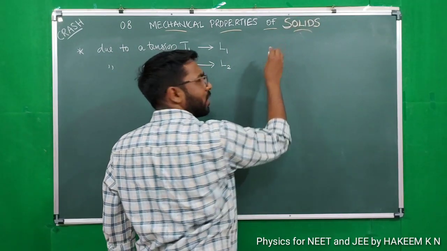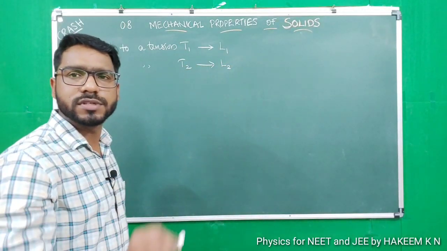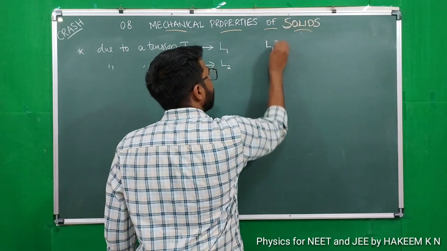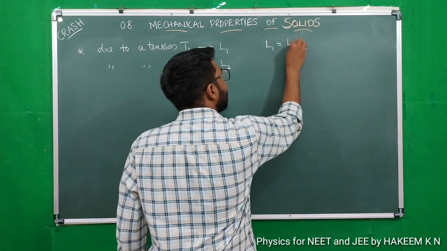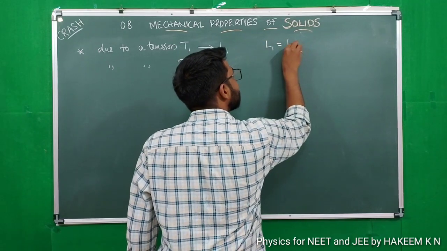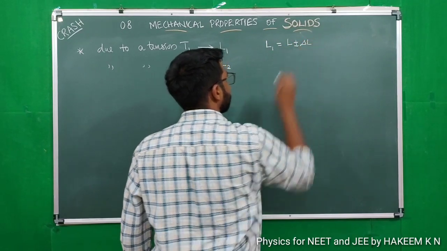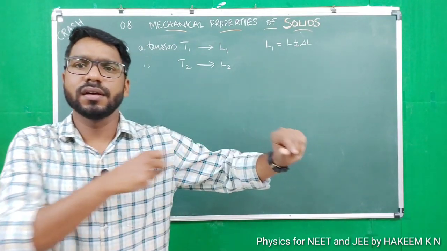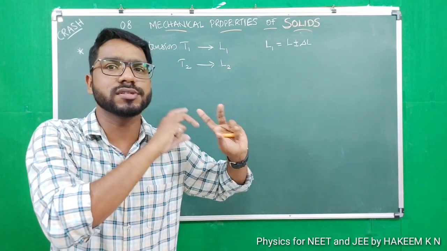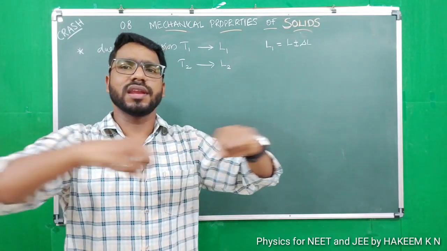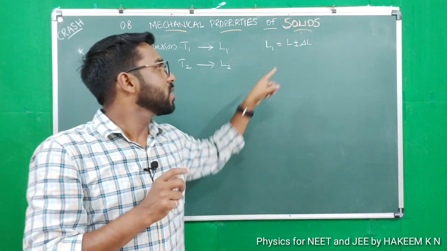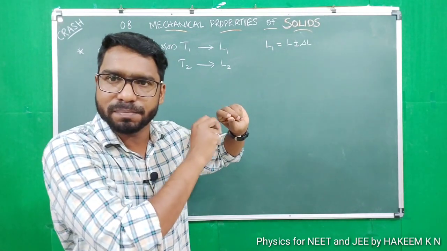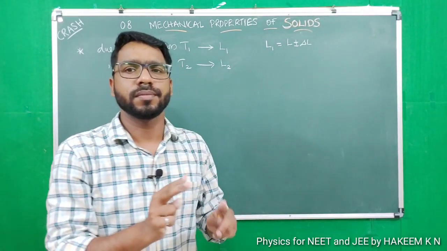When a deforming force is acting on the body, the new length equals the original length plus or minus the change in length. If the stress is tensile, meaning the stress which increases the length of the body, then the new length will be the old length plus the extra length.